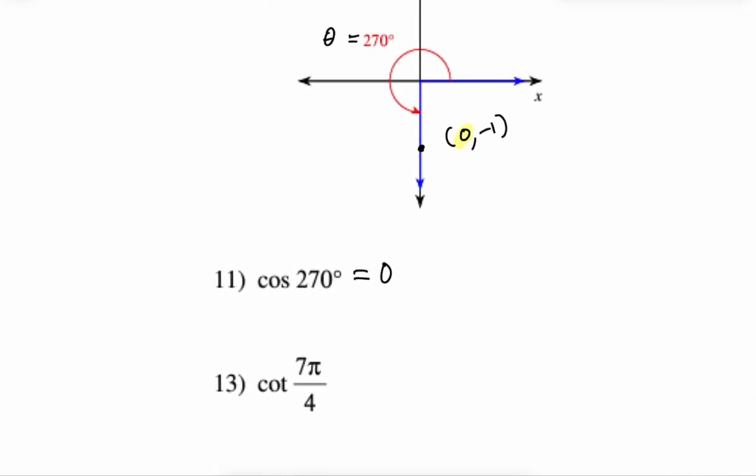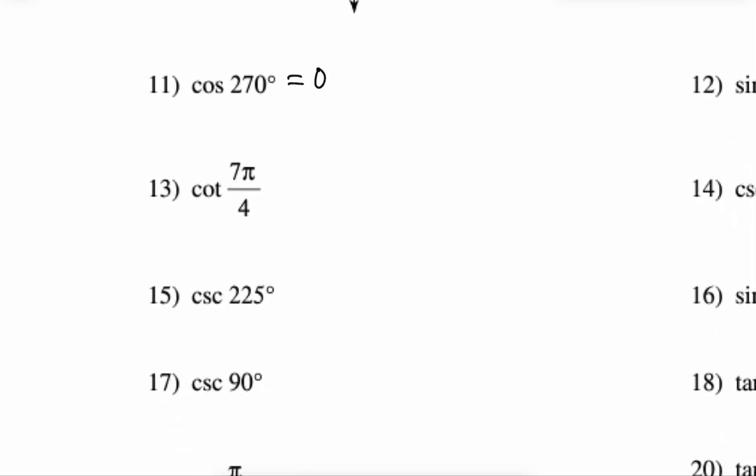Anyway, so let me show you what I'm looking for 13 on down, okay? So for 13, it says the cotangent of 7 pi over 4. So what I want you to do is I want you to make a little XY axis. I want you to make a little drawing about where 7 pi over 4 lives.